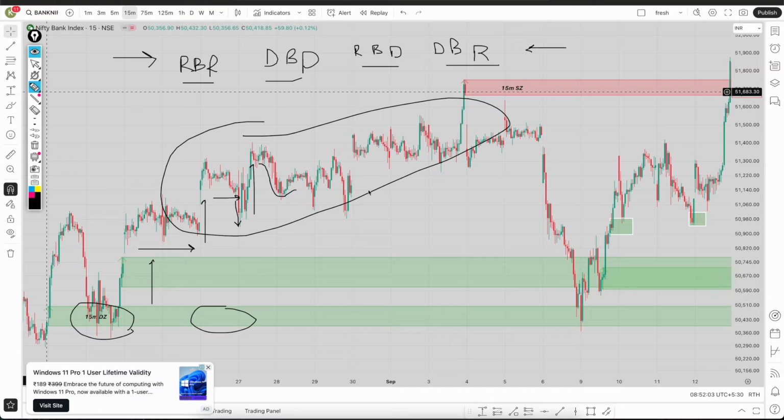So now the market is hunting everyone's SL in this zone. Everyone's SL got hit, and their orders are now with the institutions and professional traders. Then again an up move came, because the institutions had grabbed all the orders they got here.